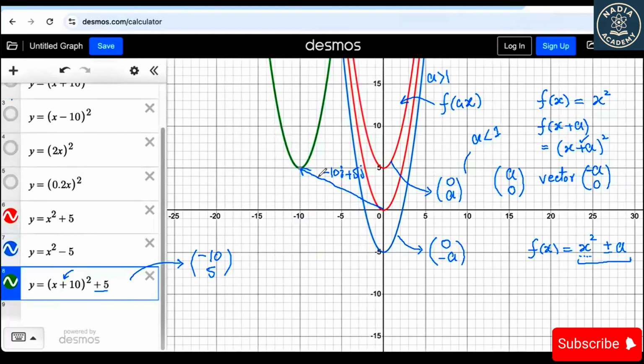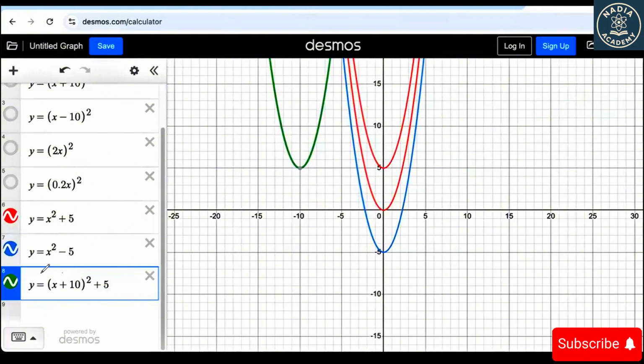So this is the simple way of understanding the translation of different graphs. We can also try other transformations. For example, what do we do if we change the sign?